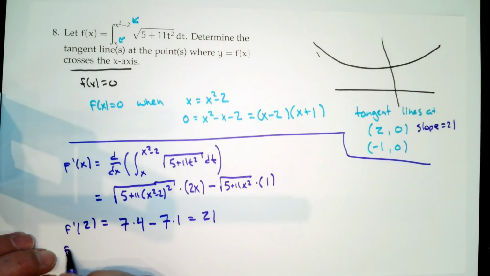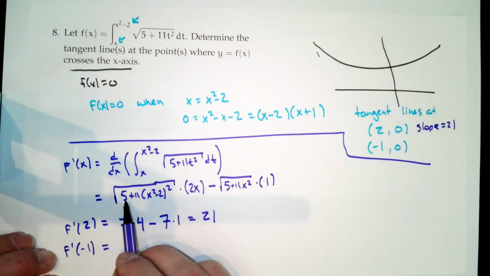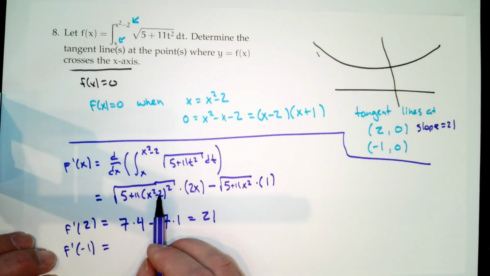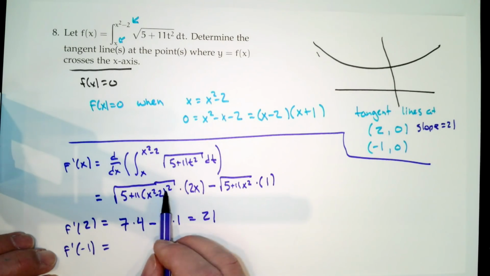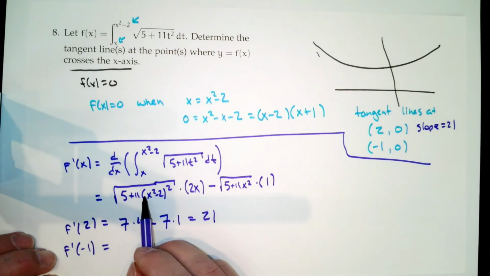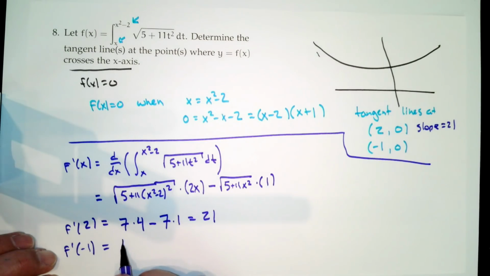Now negative 1, 0. We go through the process again. I'm going to get 5 plus 11 times negative 1 minus 2, squared. Negative 1 minus 2 is negative 3, so, that squared is 9. Let me correct that: it becomes 5 plus 11 on the inside, which is 16. Square root of 16 is 4.